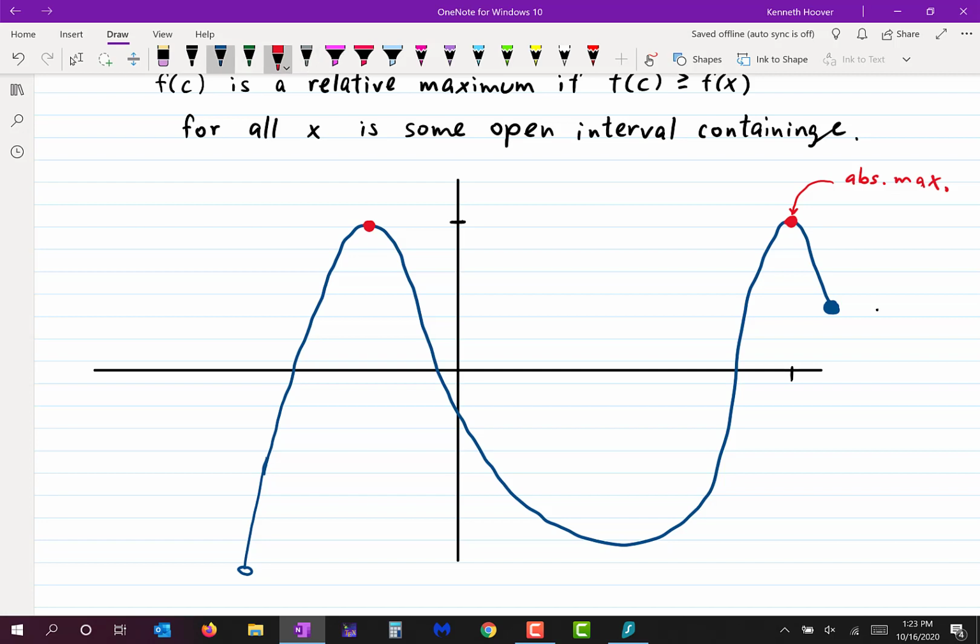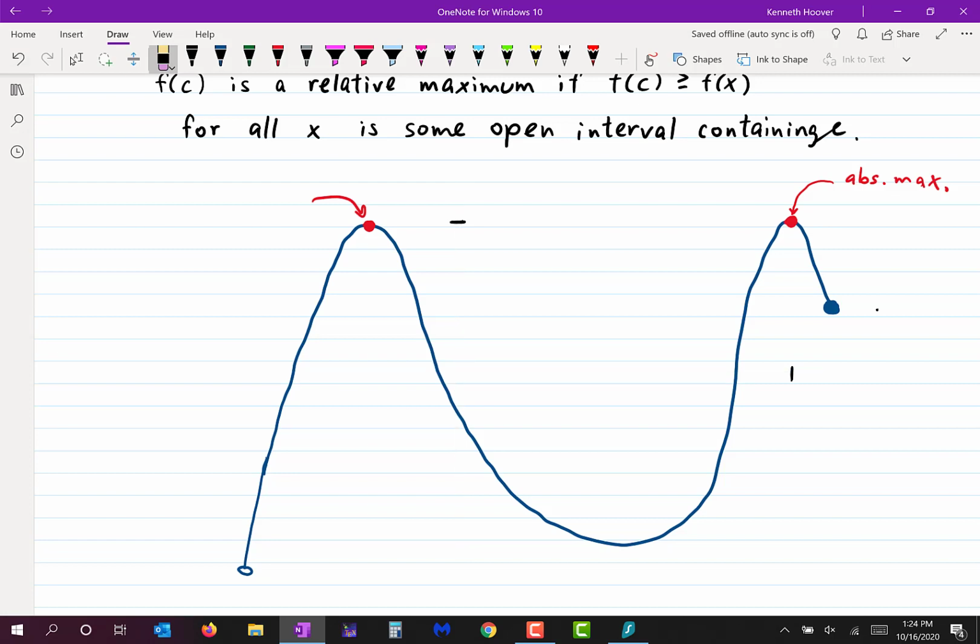What I mean by that is I can mark off an open interval here, and in that interval, that's the highest point. I could have made that interval smaller, and the same fact still exists.